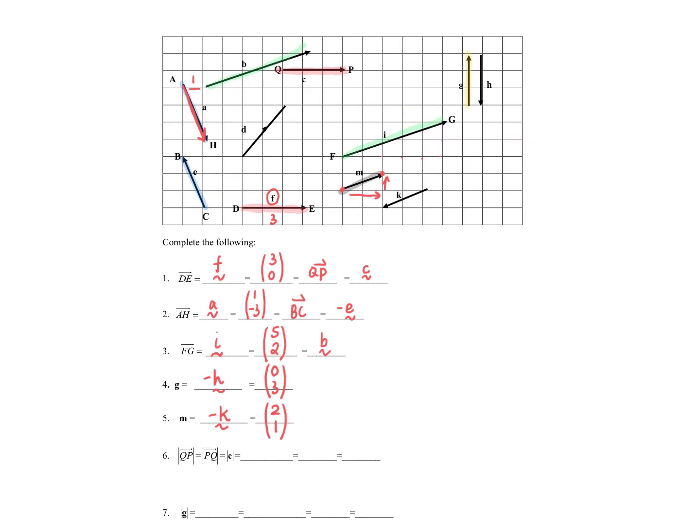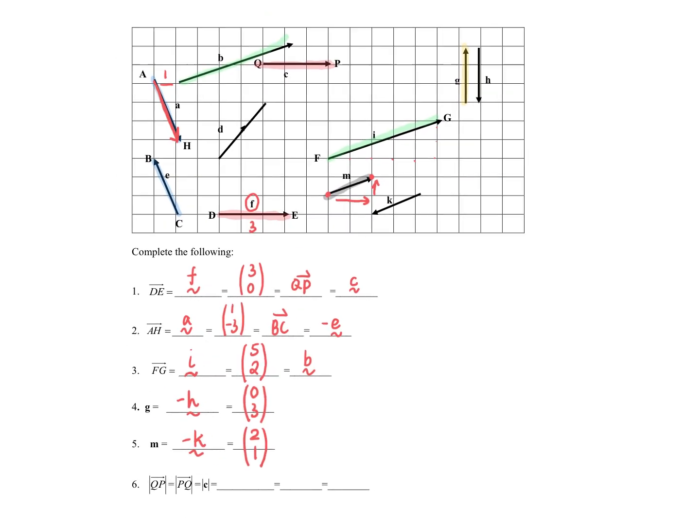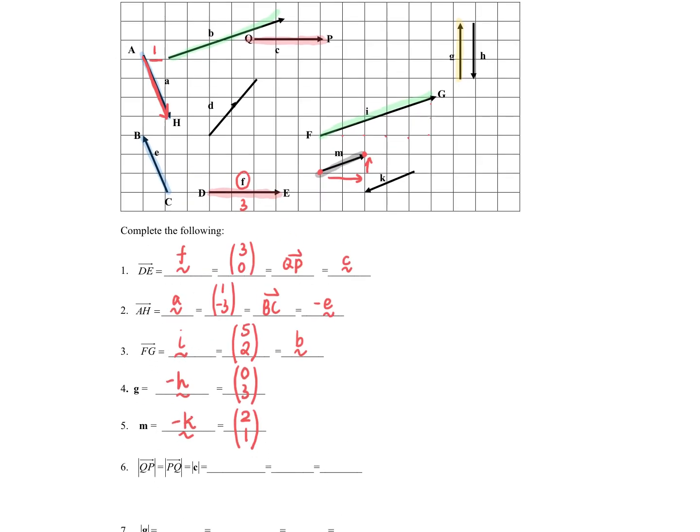Okay, now they want magnitude. So magnitude, I don't care about the direction because magnitude is length, right? So if I want to find PQ, this is the column matrix. I want to find the magnitude, means I square the x, and then I square the y, and then I take a square root.